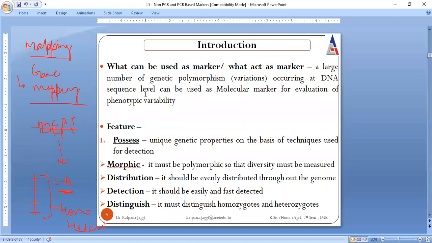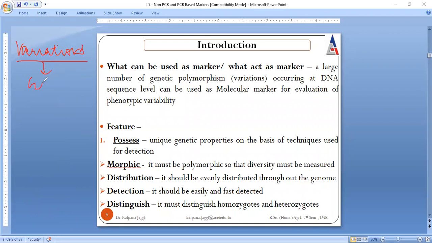When we talk about variations, and don't forget this, even in agriculture, variations are always taking place at the genetic level, say at the gene level.